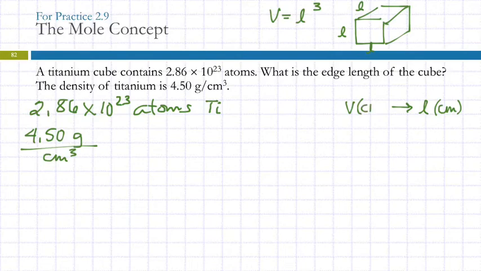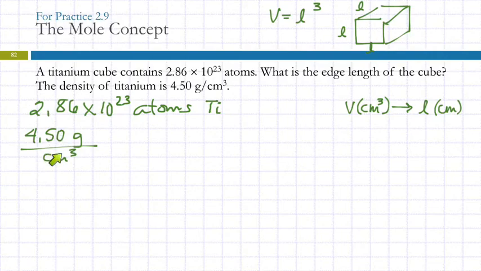The volume, a convenient unit might be cubic centimeters. This density relates mass and volume. So what I'm doing here is I'm working backwards. I'm working from the end back. Sometimes it's easier to work from the front and go forward. Sometimes you have to work from both ends and hope that you can meet in the middle somewhere.